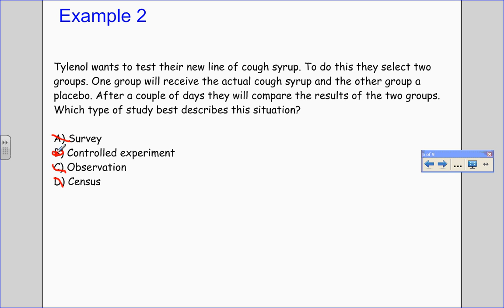The reason it's a controlled experiment is because you're manipulating one of the groups. Whenever there's manipulation, it's an experiment. One group is getting cough syrup, the other group is not getting cough syrup. And then you're just going to compare them. That's a controlled experiment.